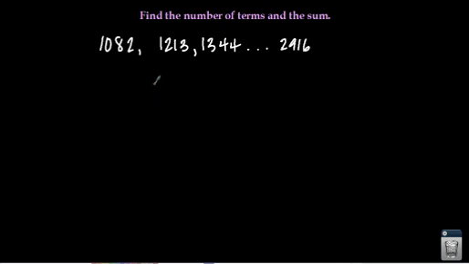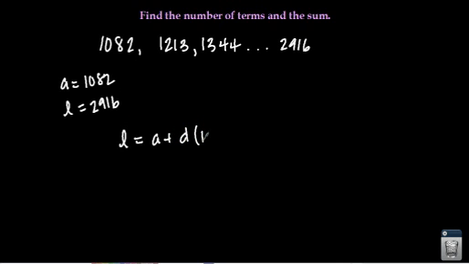So basically, I know A is 1082, and I know that L is 2,916, and boy, this just doesn't seem like enough information because I know that since I have A and L, I need to use that last term formula, okay?